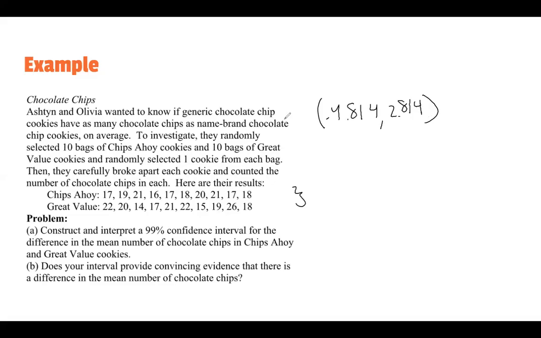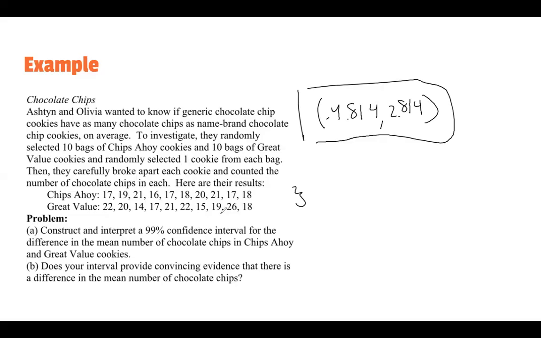That's the 99% confidence interval that you constructed. And then you have to interpret it. I'm not going to do that here because it's just a brief example, but you say we are 99% confident that the interval from negative 4.814 to 2.814 captures the actual mean difference, and so on. Interpret in context.